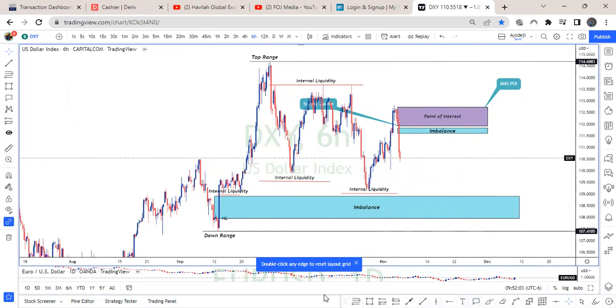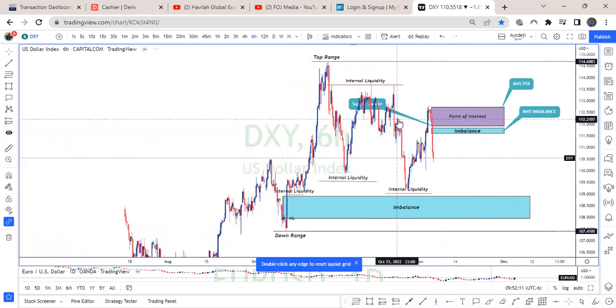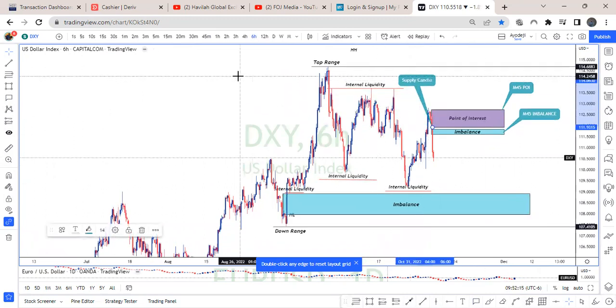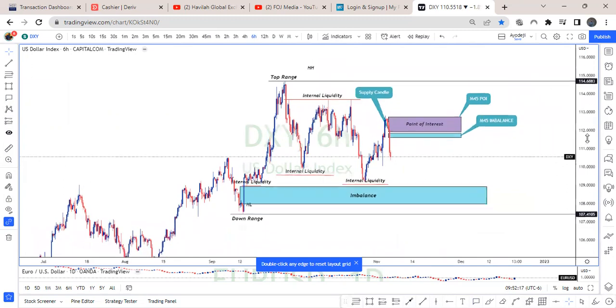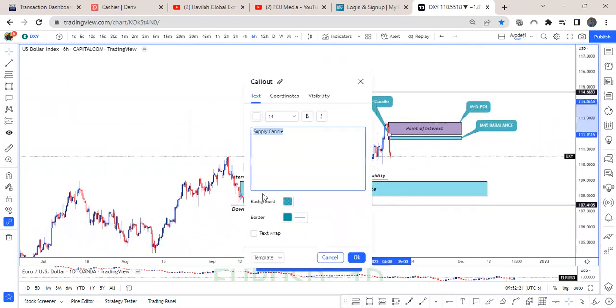This is M45 imbalance. So this is a supply candle here. That's M45 supply candle.